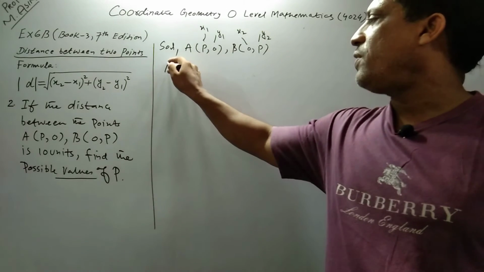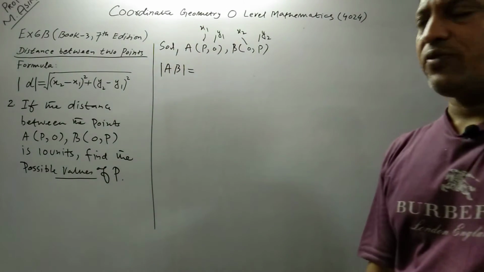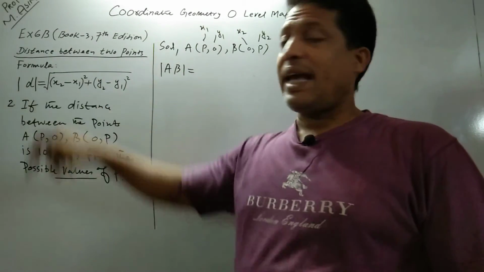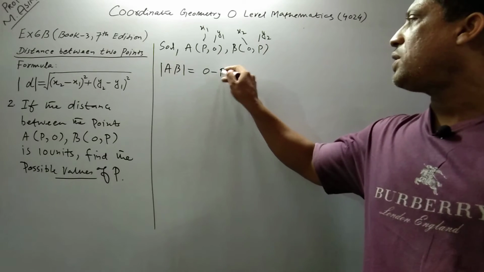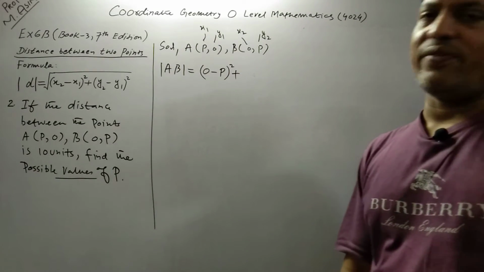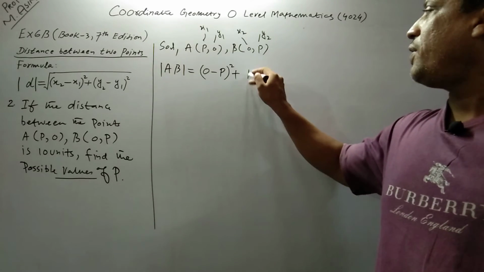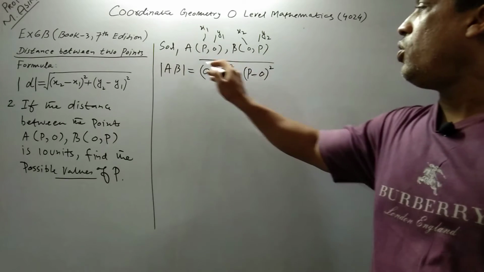So the distance between A, B is, what is the distance formula? x2 minus x1 whole square. What is x2? 0 minus p whole square plus y2 minus y1 whole square. What is y2? p minus 0 whole square and whole square root.